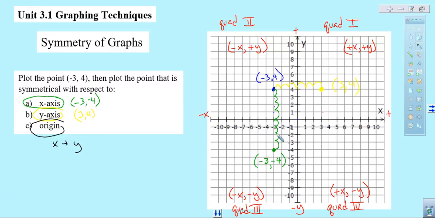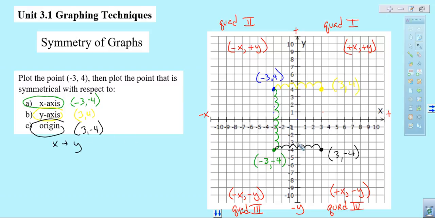Basically, you reflect over the x, and then you take that guy and you reflect it over the y, and you come out with your new point. In this case here, it would be 3, -4. All right, so remember in this case, it was both the x and the y that changed. So you can see the -3 turned to +3, the +4 turned to -4.